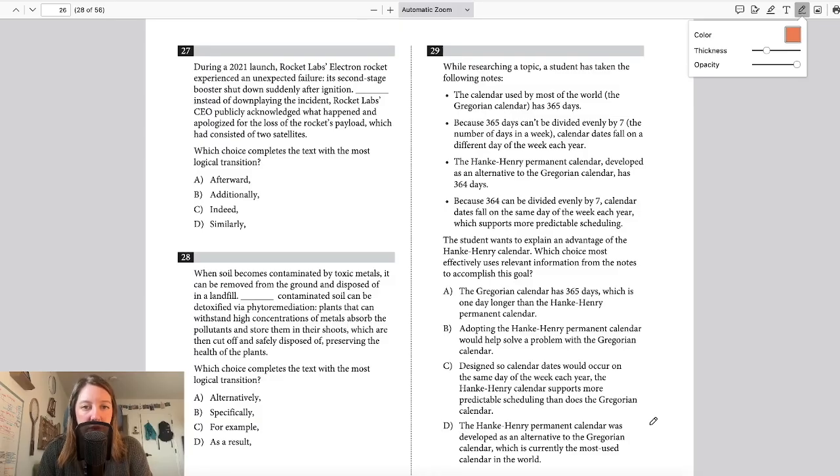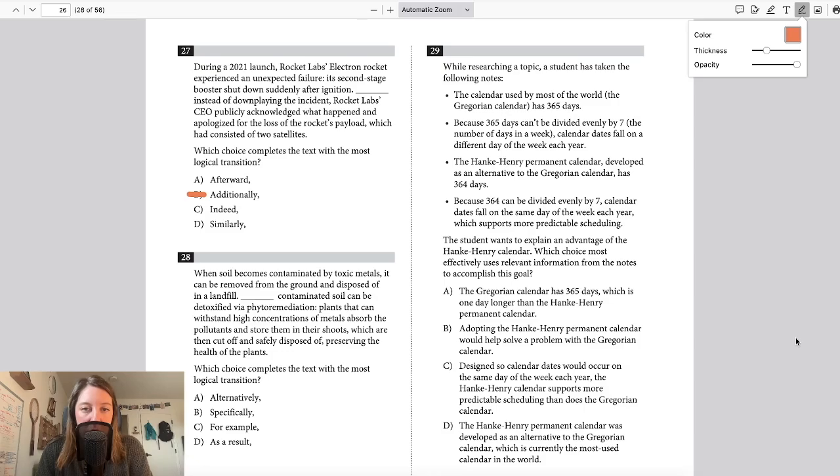So let's test our options. Its second stage booster shut down suddenly after ignition. A says, afterward, instead of downplaying the incident, Rocket Lab CEO did this. Sure, let's hold on to it. Additionally, instead of downplaying the incident. Okay, so I don't like additionally because yes, it happened after, right?